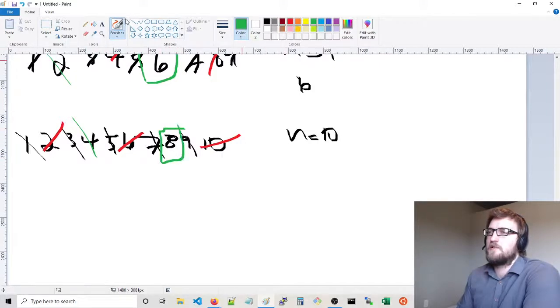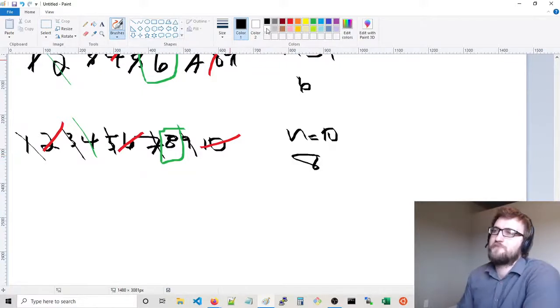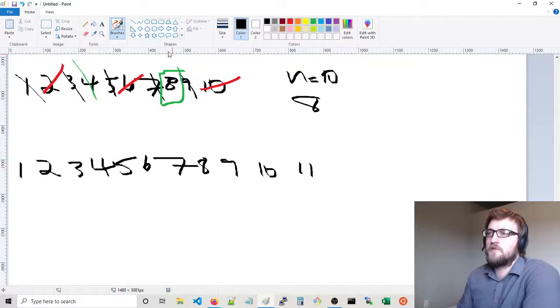How did I know that? And I think 11 is going to be 8 as well. Let's see. So right side, 1 every other. And the left, from the other side, every other. And then from the other side, every other.